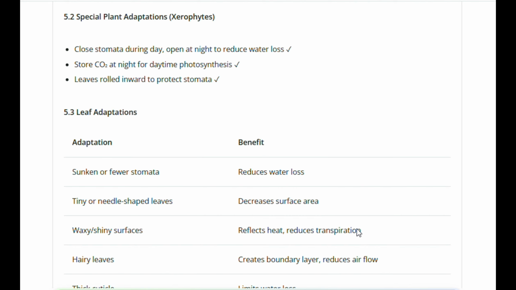Then we have special plant adaptations, for example CAM plants, such as the succulent plant. During the day, stomata close to retain water. At night, the stomata open when water loss by transpiration is lower, and carbon dioxide enters and is stored for use during daylight.